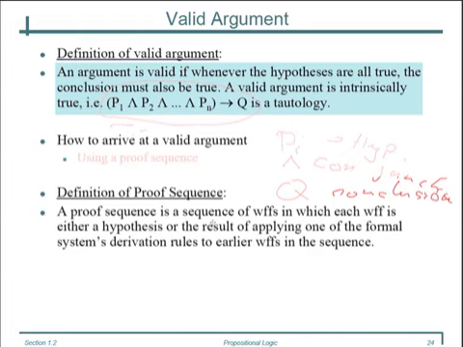Once we convert them into the formal logic, we can use the equivalence rules and inference rules to convert the expressions, so that at the end, what we need to prove is that the whole expression is always true. That it's a tautology.